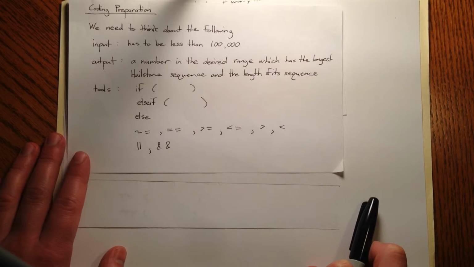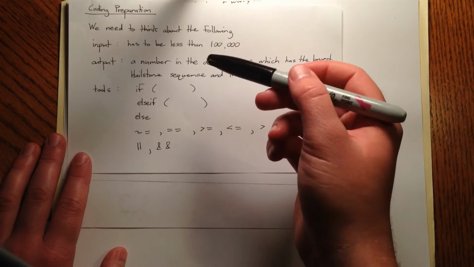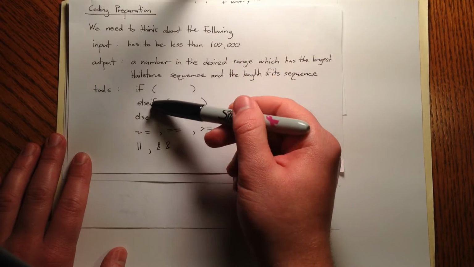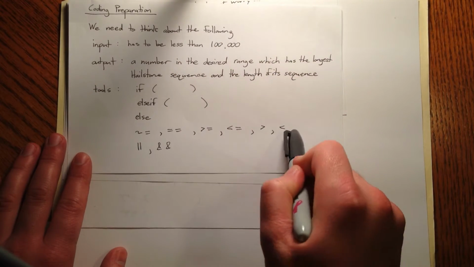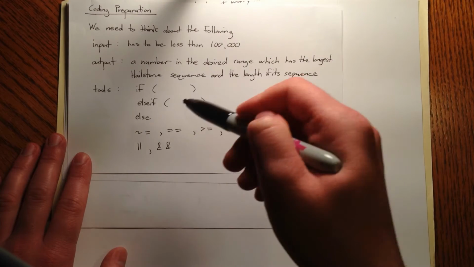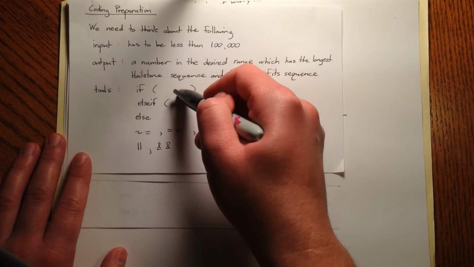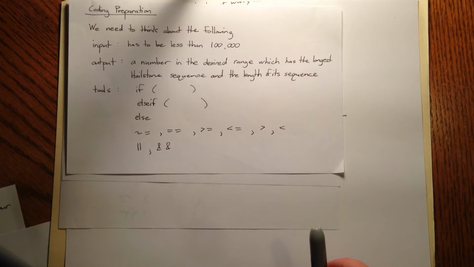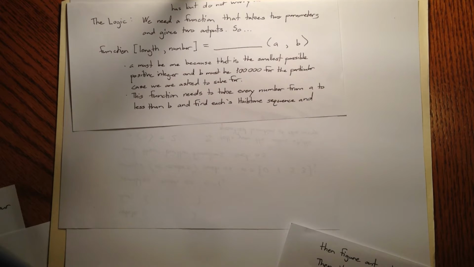The other thing I like to think about are the tools I have available to me. I got if, else if, else statements, I got these things I can use to compare stuff with, I got these binary operators so I can reduce the amount of ifs and else ifs that I have.